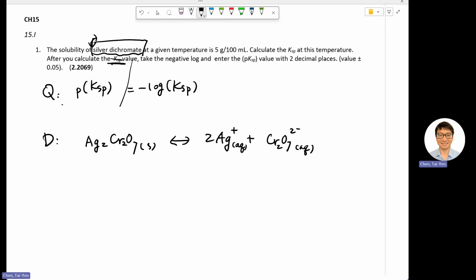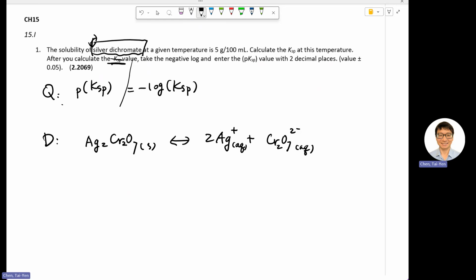So there are 2 things you pay attention to. One is the superscript, the charges. You should know that silver, once it dissociates, carries a positive charge. The other one is the subscript, how many.